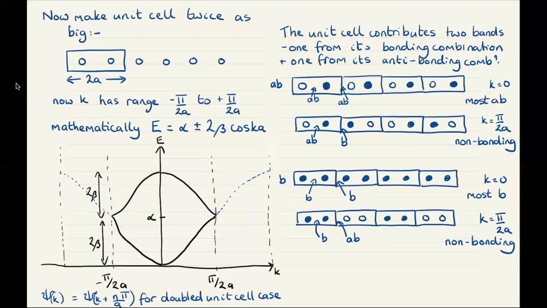Now what we're going to do is dimerize the structure so that these states at K is equal to pi over 2a are no longer degenerate. They no longer have the same energy.